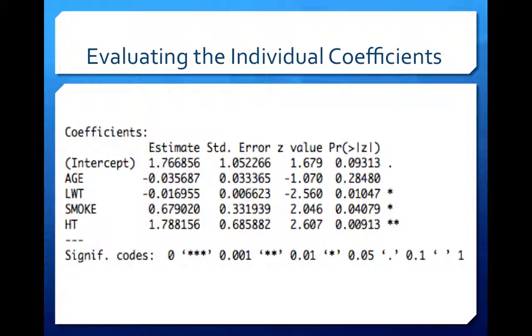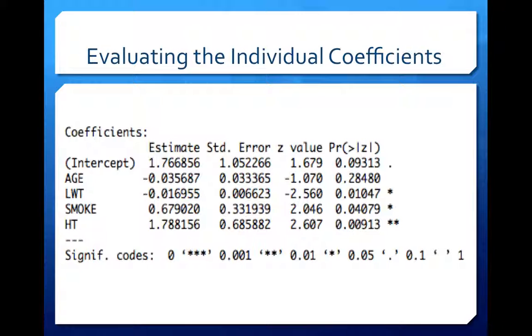The p-value for this predictor is 0.28480, which is greater than our level of significance of 0.05. So we can conclude that age isn't really a significant predictor of the presence of a low birth weight in the baby.